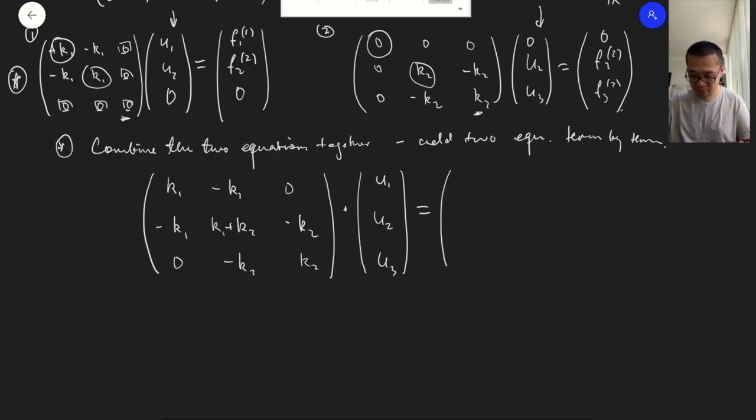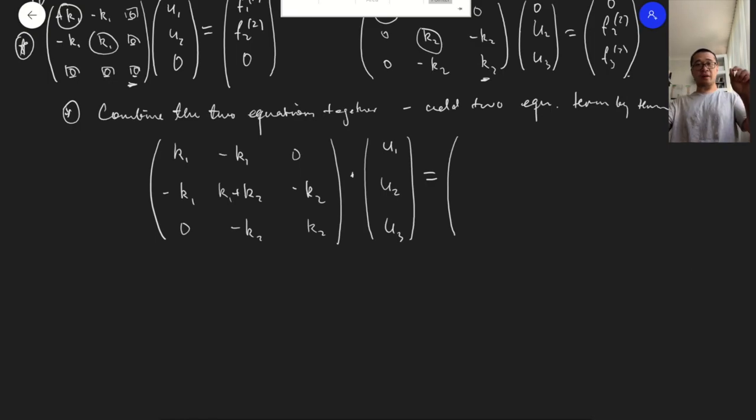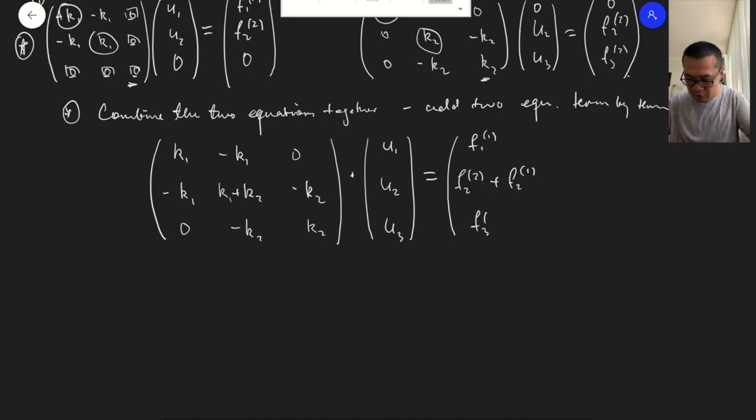It is equal to the forces, but the forces you have to add up because each node has a force. If they are linked together, say node 2, it has the force from both springs, so you have to add them up: F1 of 1, F2 of 2, plus F2 of 1, and F3 of 2.